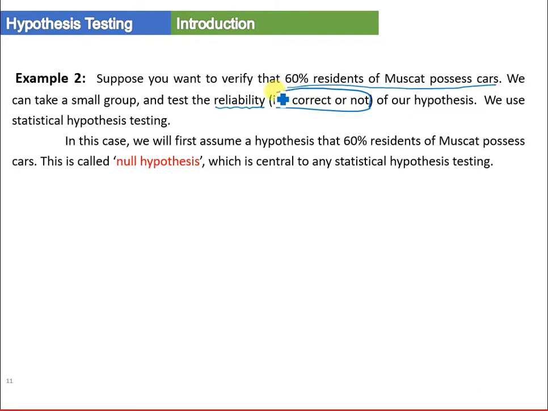Means whether 60% of residents have a car or not. So how will we do this? As we say, the null hypothesis is always that we go with the claim. So we say that mu is equal to 60. This will be the null hypothesis because we always go with the claim.